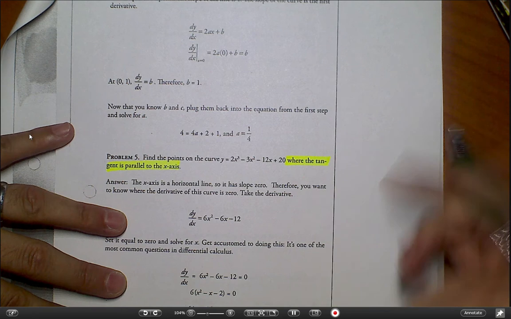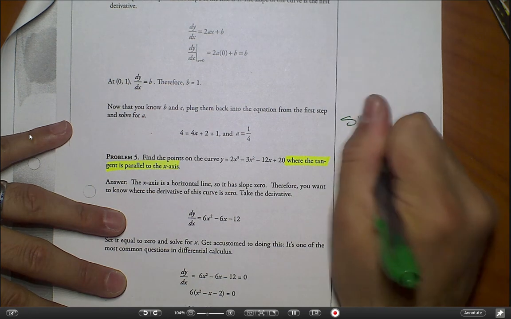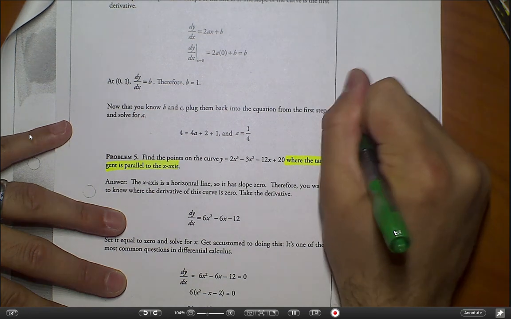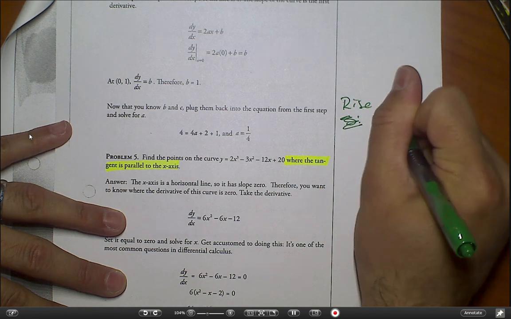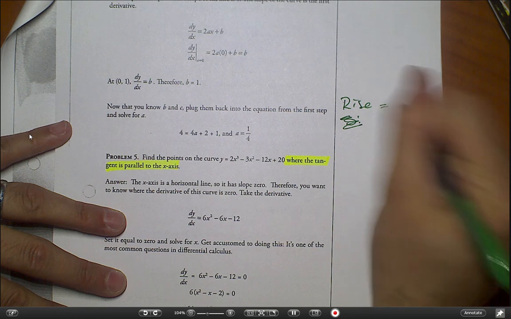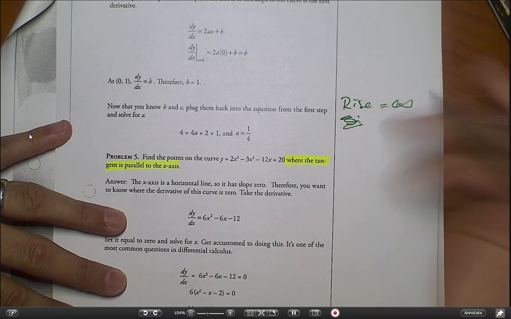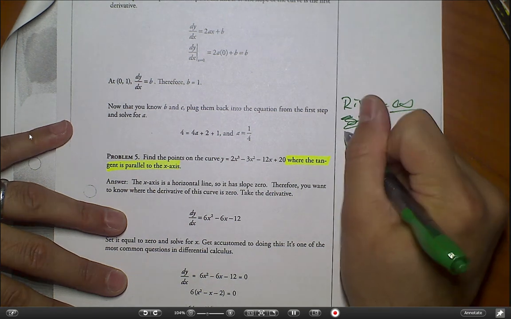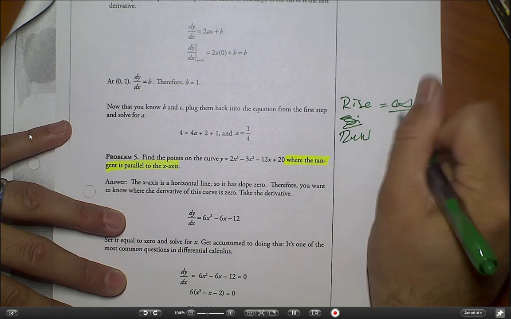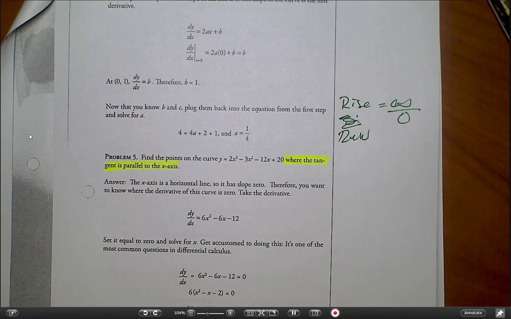So my rise would basically go up to infinity, and my run would be 0. Now, the big thing about this is I cannot divide by 0, right? Can't divide by 0. This is undefined.